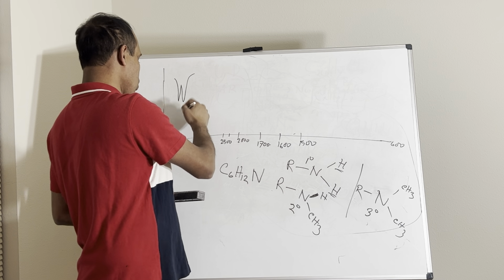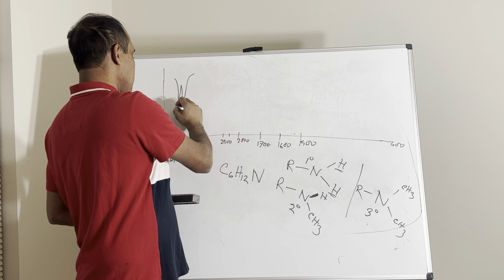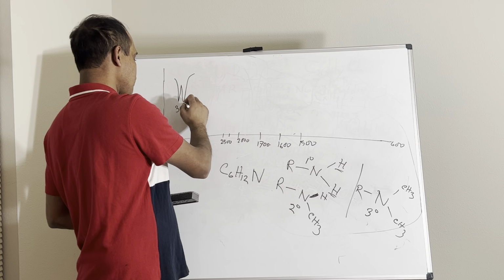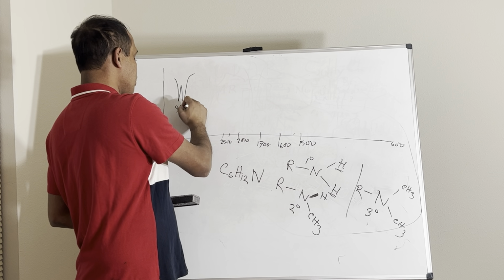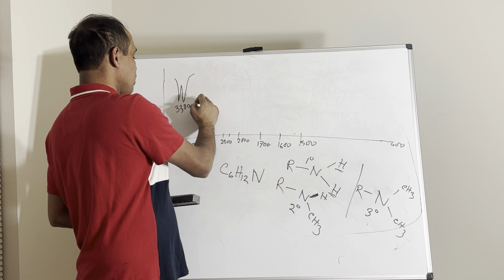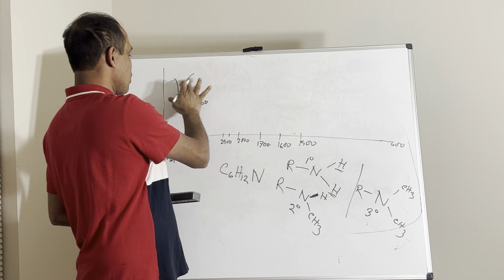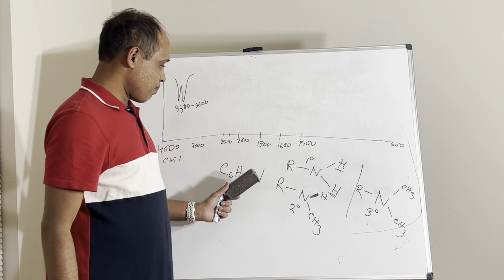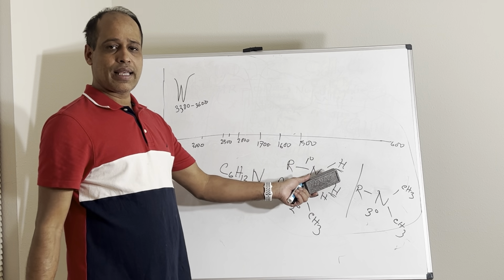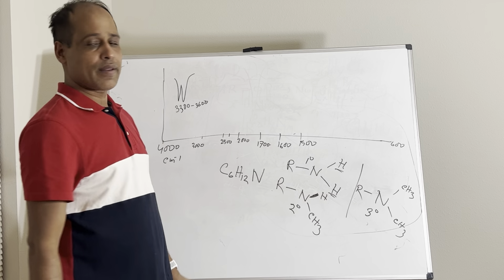So you will see 2 bands, like 3300 to 3600. If you see something like this, you can say, okay, my nitrogen in this molecule is a primary amine, that's why I'm seeing this band.